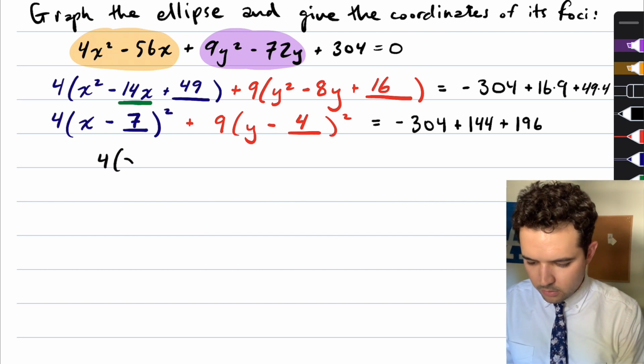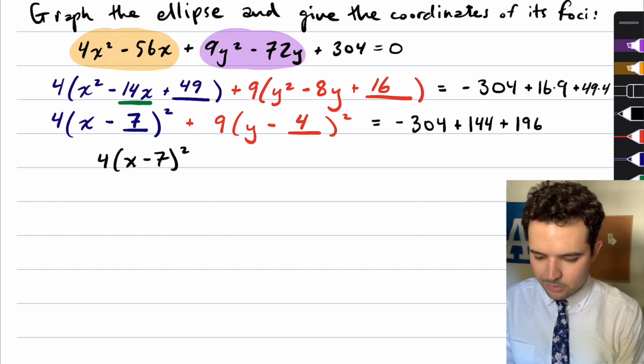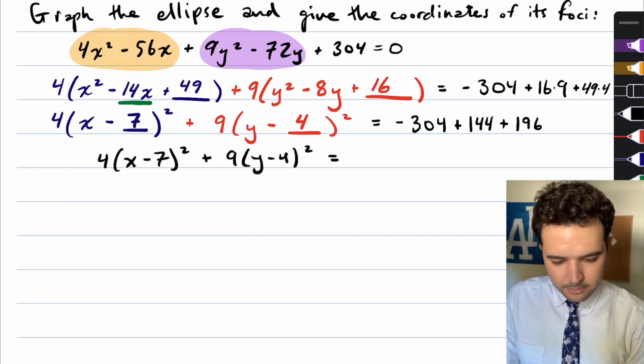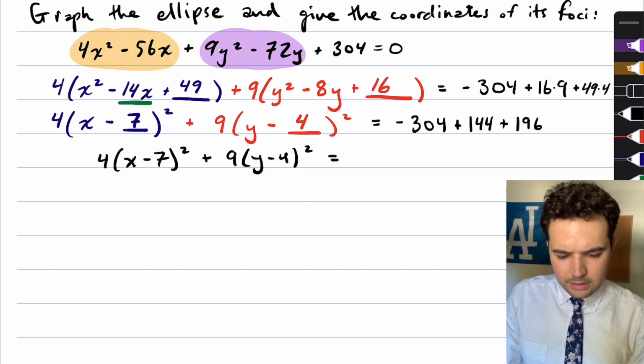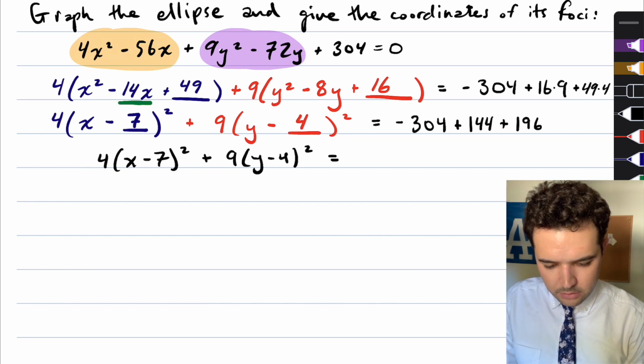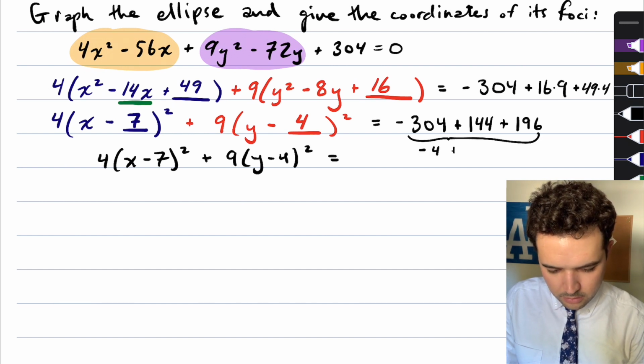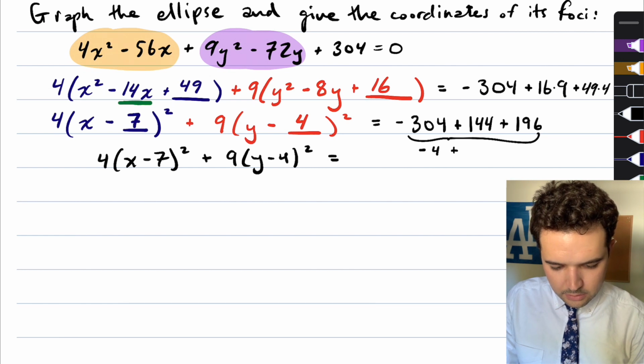We'll have 4 times the quantity x minus 7 squared plus 9 times the quantity y minus 4 squared. That's equal to 196 plus 4 is 200, plus another 100 is 300. So I think I can simplify this first. That'll be negative 4 plus 96 plus the 4, that was 200, so I'm left with 40.